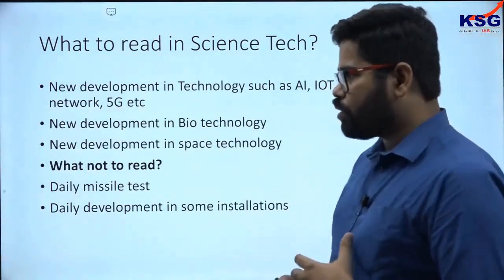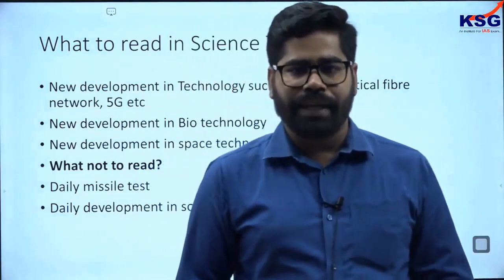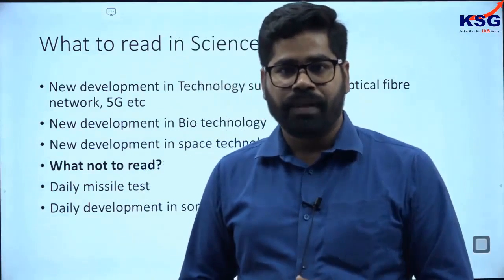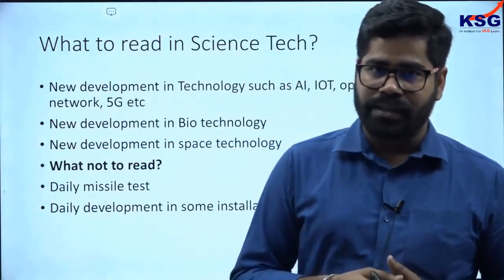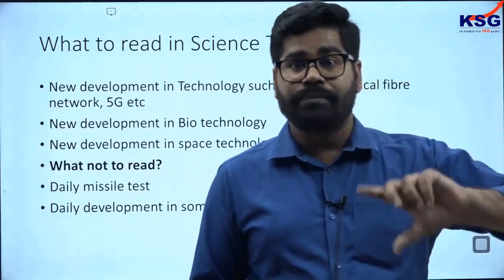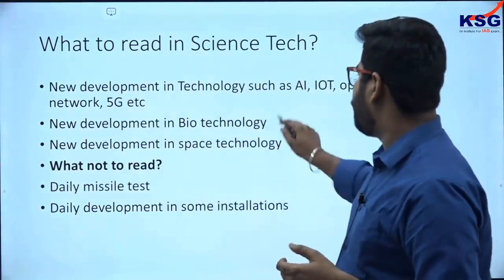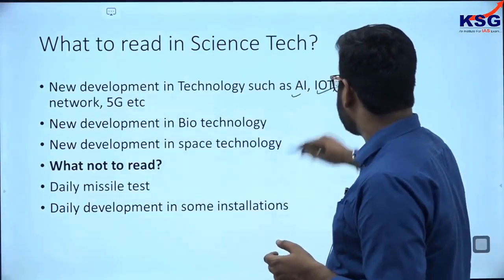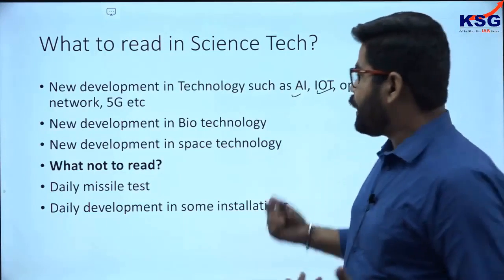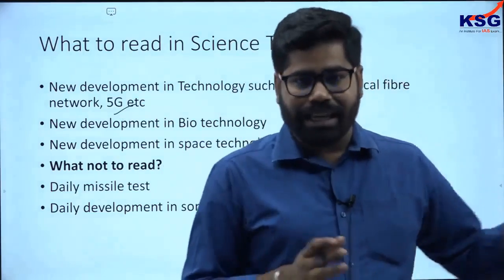Like we can talk about artificial intelligence, virtual reality, augmented reality, Internet of Things, blockchain technology, and non-fungible tokens. A number of things are coming up. Artificial intelligence, Internet of Things, optical fiber, 5G network. All these things are coming up now.